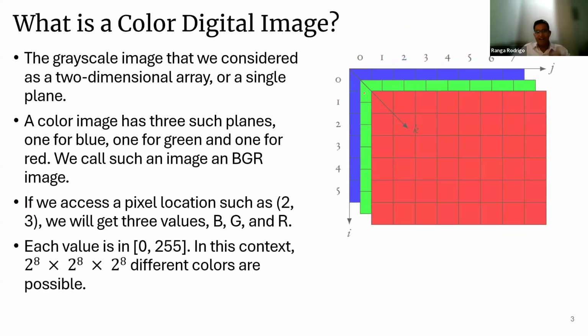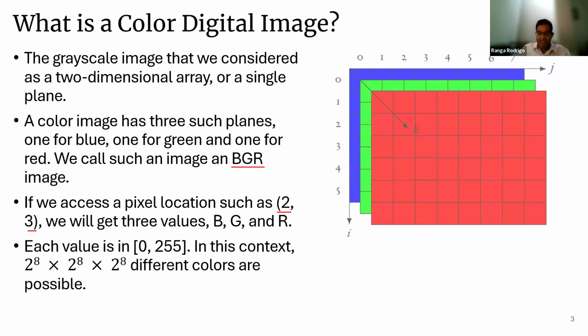If you take a color image, there are 3 such arrays. Each plane corresponds to blue, green, and red. You can see the blue plane, the green plane, and the red plane over here. If we access a pixel at location, for example, 2, 3, we will get 3 values: B, G, and R. A value for blue, a value for green, and a value for red.